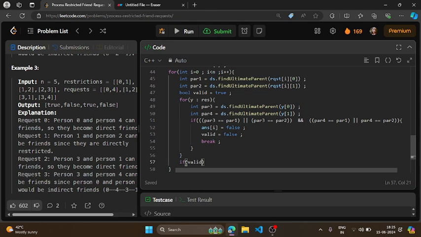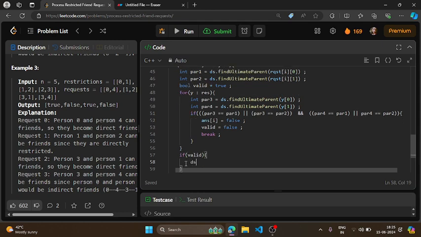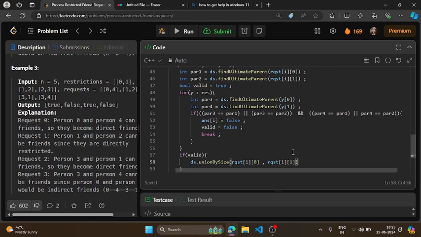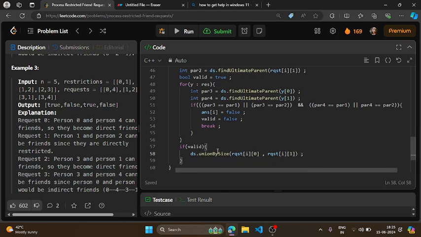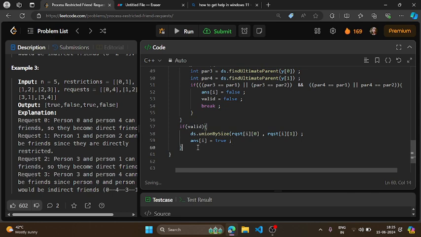Now after here, if my valid is true, or basically I cannot find any restriction violated by my request, then I will simply process my request, so request of y of 0 should be united with request of y of 1. Also I'll say this request is valid, so I just set true here.